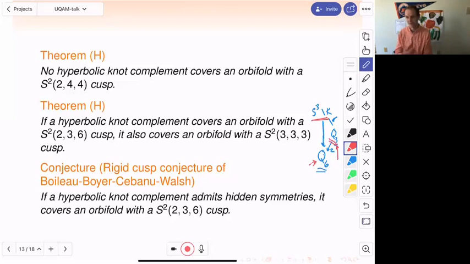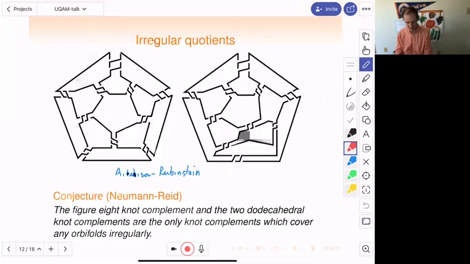The examples from the previous slide, both the figure 8 knot complement and these two knot complements, the fact that both of them admit hidden symmetries is just kind of lucky in some sense, that we don't have an organic way of really producing objects along these lines.